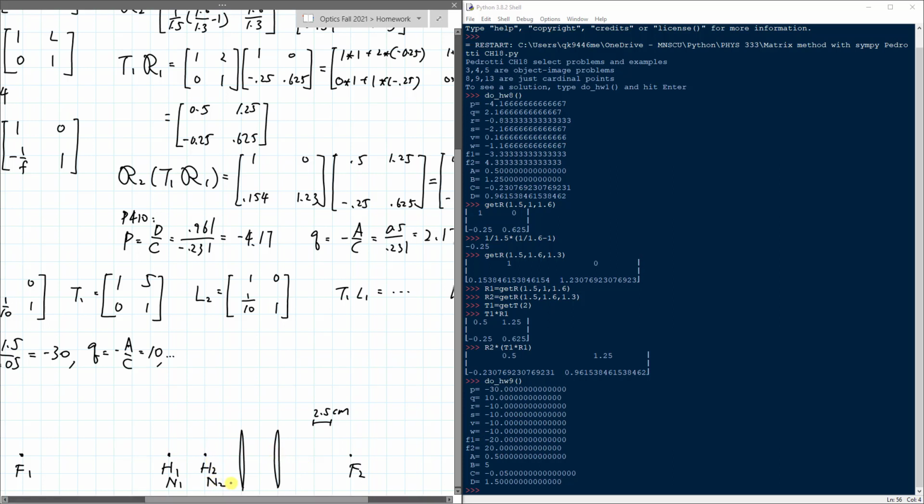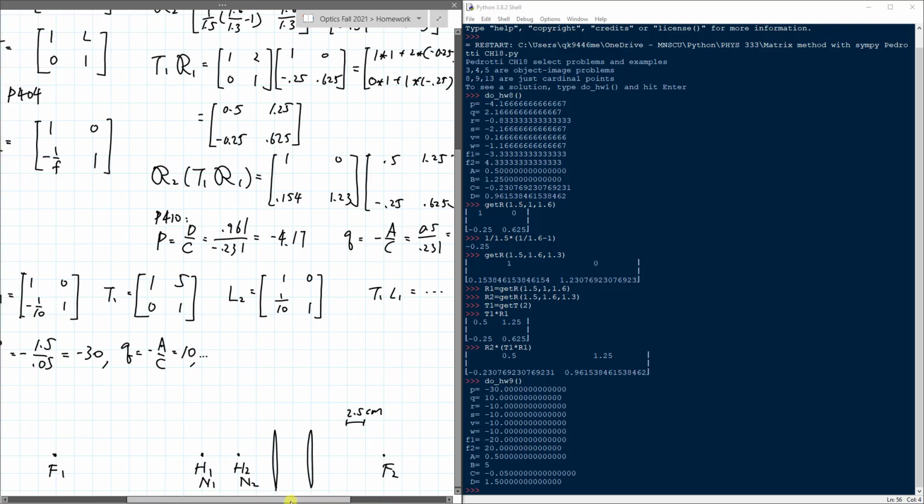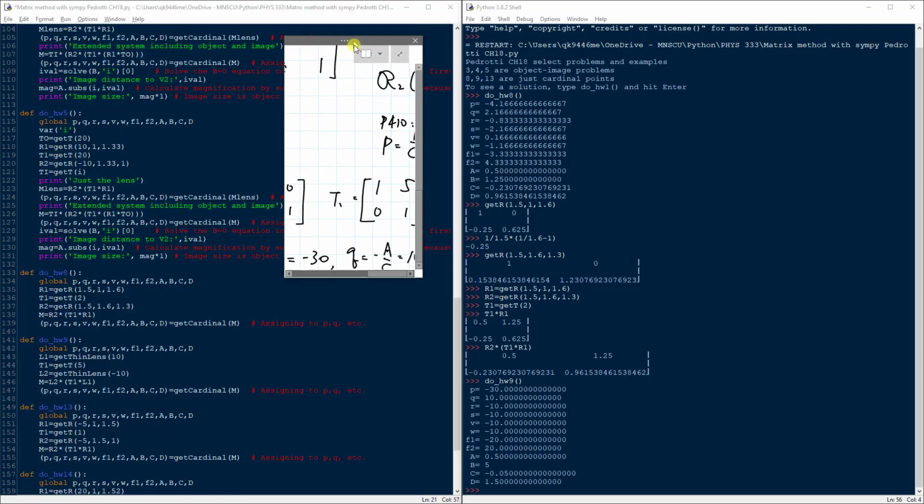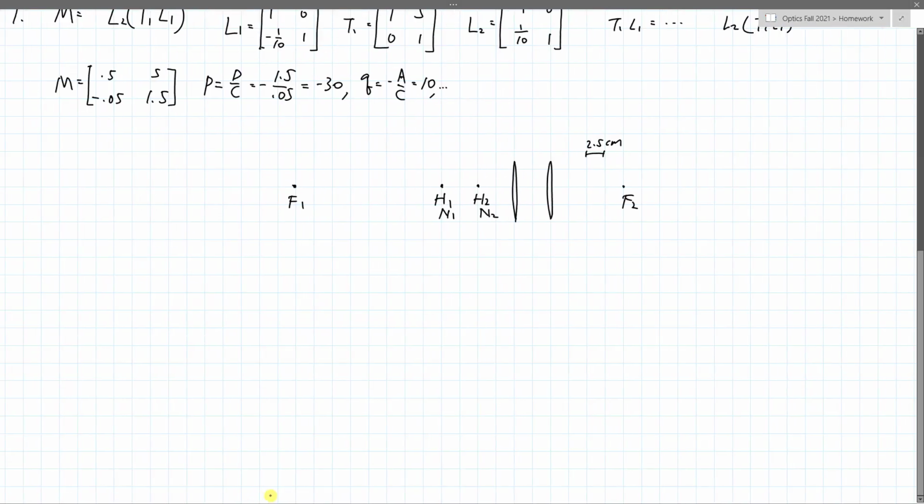Okay, so now we have this. We should be able to draw some retracing. And again, let's set up something that's a bit further away. So maybe I can set something up like this. Okay, so how do we draw this?